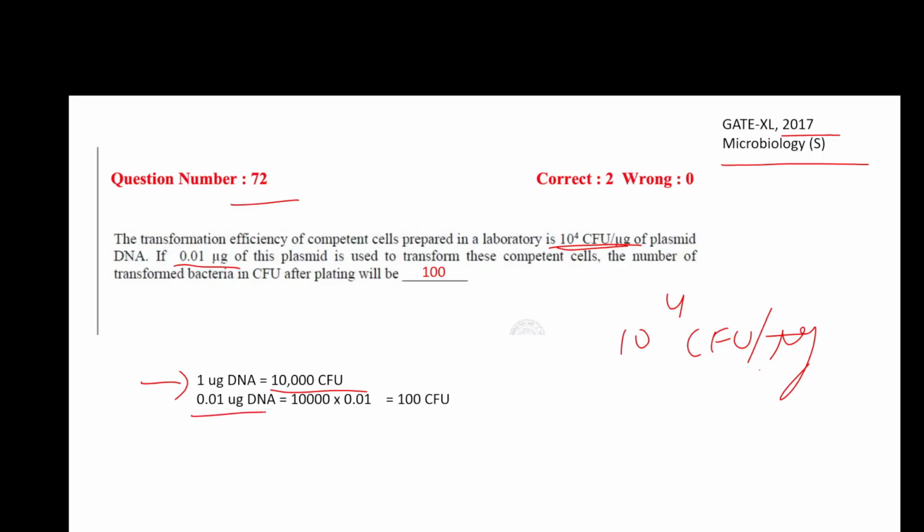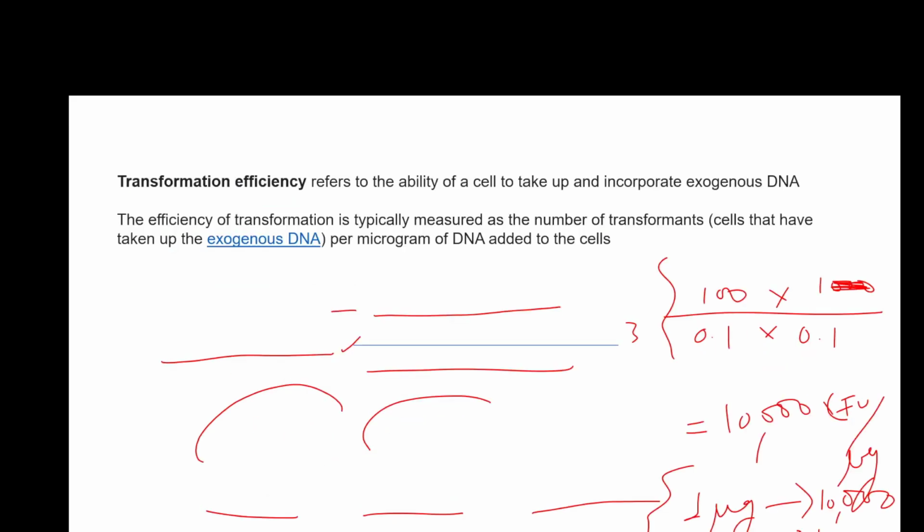It is a simple calculation: multiply, and you get 100 CFU. So if you are transforming 0.01 microgram, you will get 100 CFU. If you are transforming 0.1, you'll get 1,000. If you are transforming 1, you'll get 10,000. That is the simple calculation.